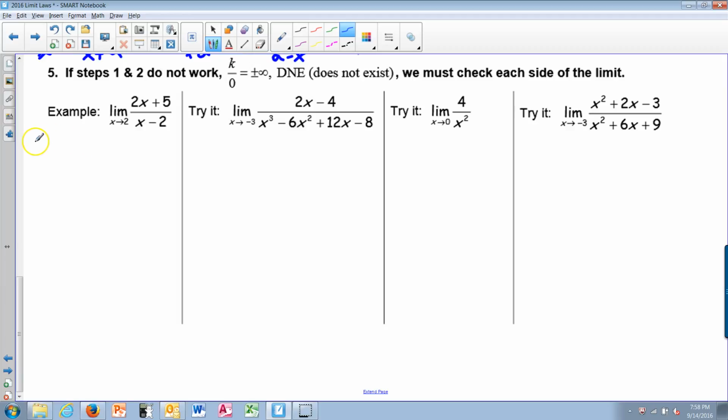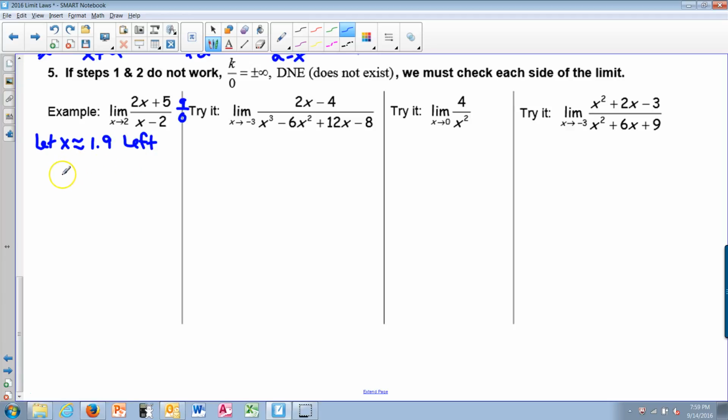So in order to do that, I would consider, because we are going to get, in this particular case, 9 divided by 0, so I know the limit does not exist. But if I let x be approximately 1.9, I can consider that the left-hand side of x.